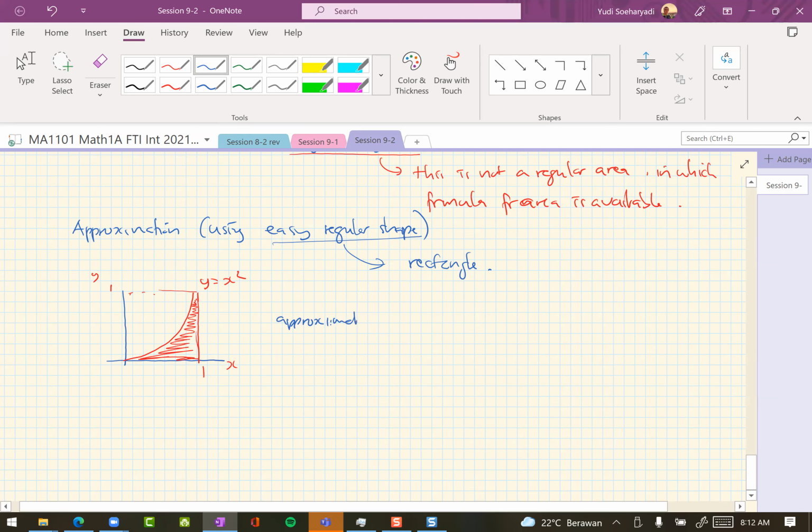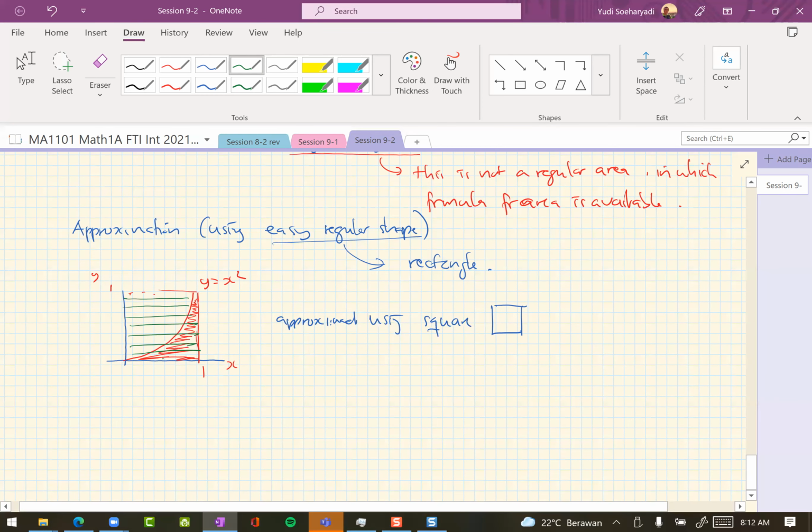Approximate using the square, the green one.